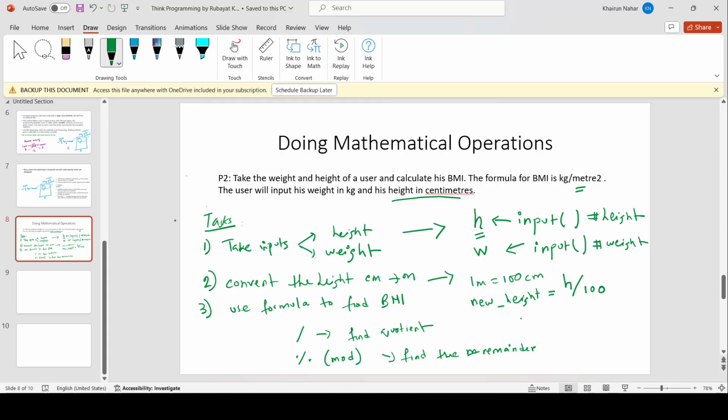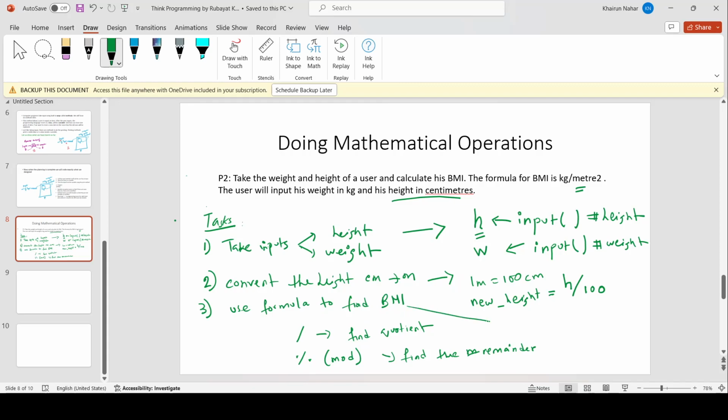So in this case, we need to find the quotient, of course. That's why I am dividing h by 100, and h contains the height given by the user in centimeter. So the new height variable contains the height converted into meters. Now I have the height and the weight required to find the BMI.